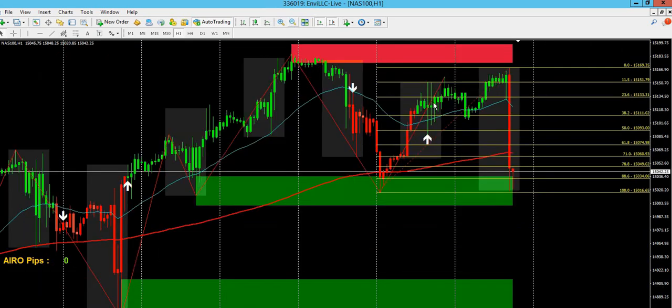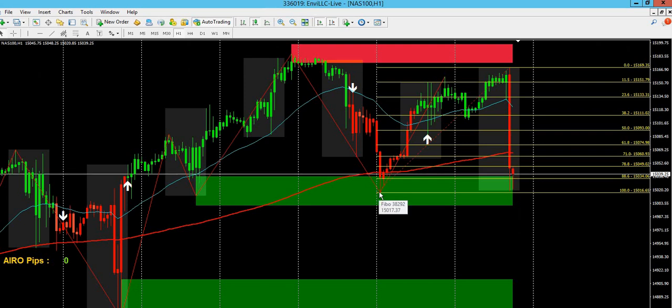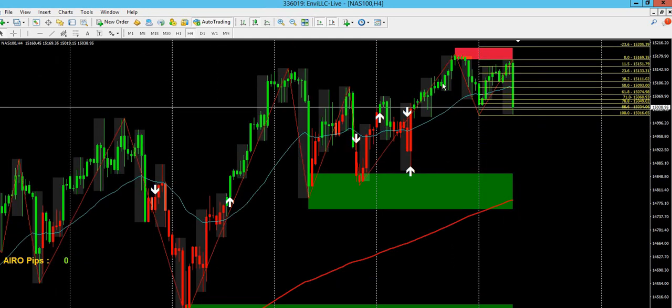But let's zoom out. It got this support zone that it's messing with. But you need to be real careful. Look at where this 100% is. Look at this right here. Now, if price closes below this, ain't that like a break? Ain't that like an M break, you guys? That's one of the things about this.